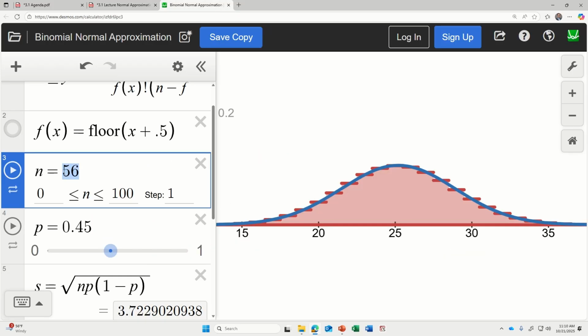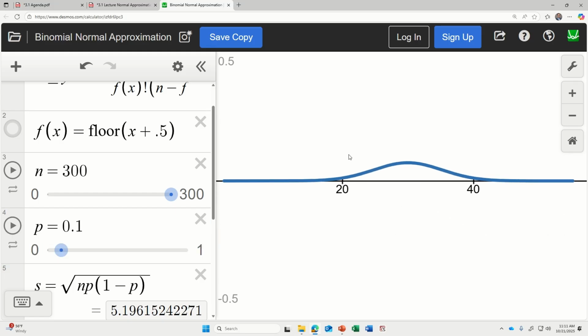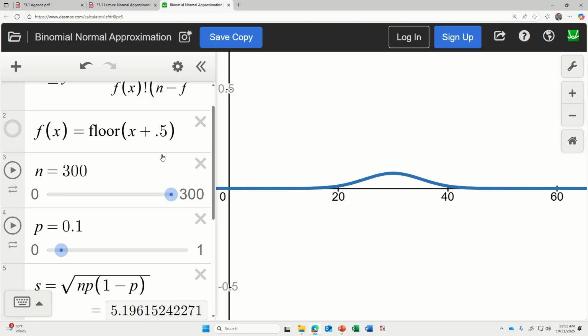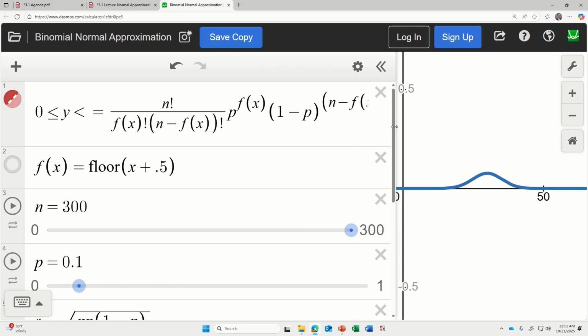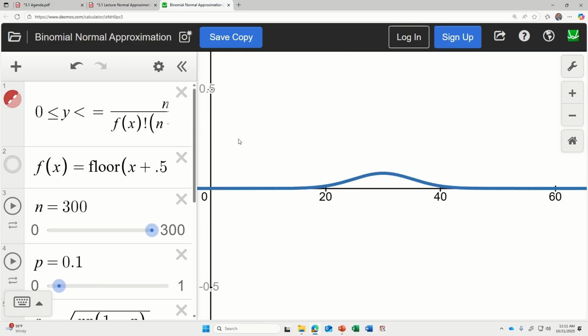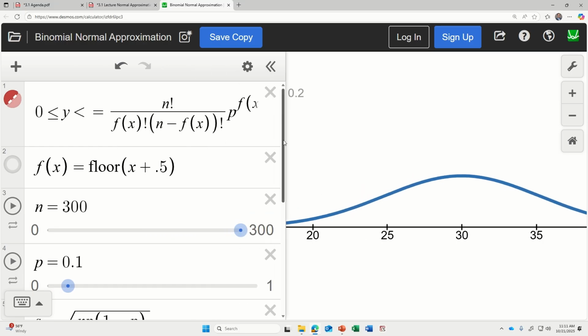So if I go back to Desmos, I set n is equal to 300, p is equal to 0.1. I don't know what happened to my binomial curve. Oh, I know what happened. And honestly, not only is this an interesting thing to point out math-wise, the reason that my red binomial distribution doesn't show up when I type in n is equal to 300 here is because Desmos is trying to calculate 300 factorial, which is a huge number, right?